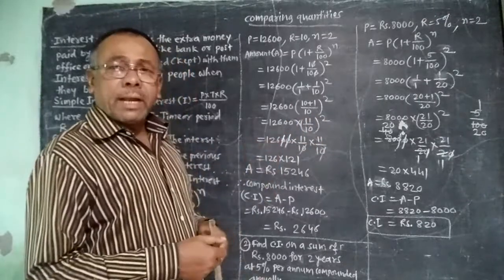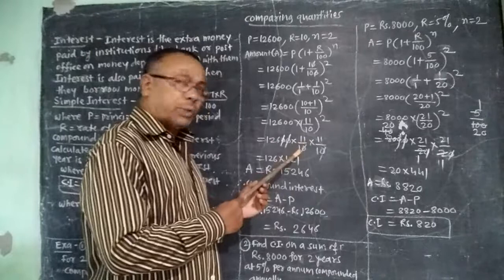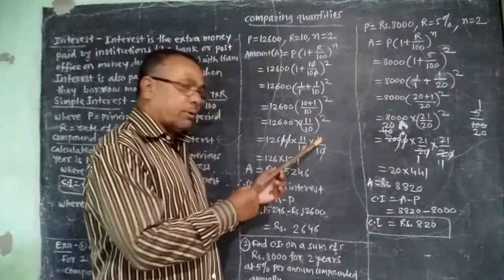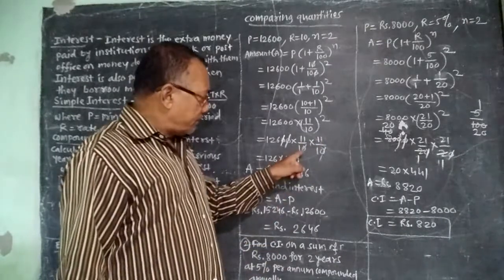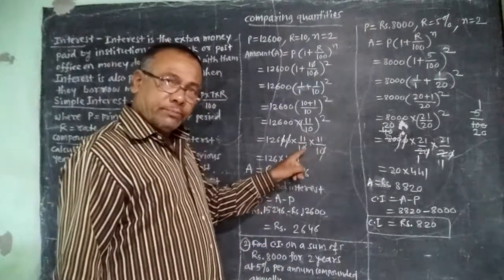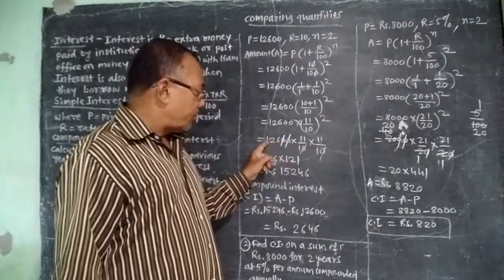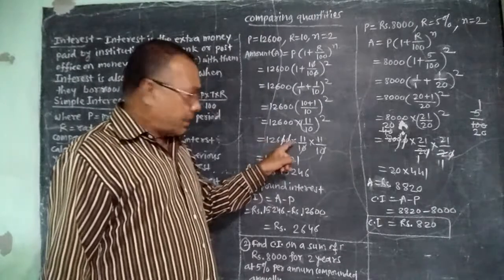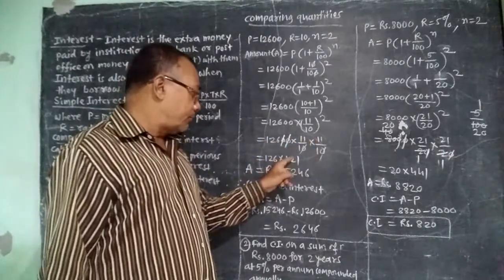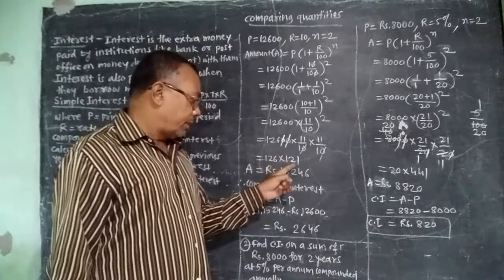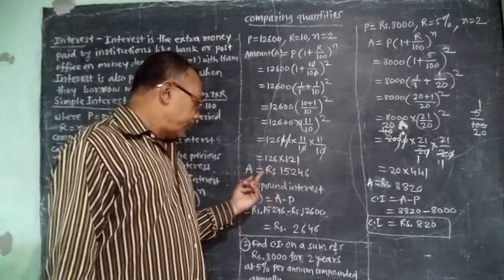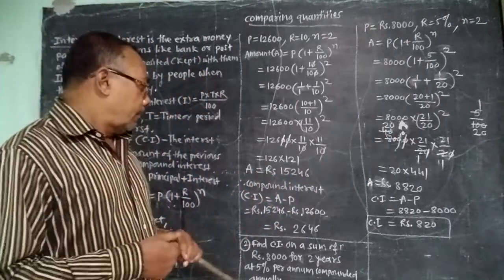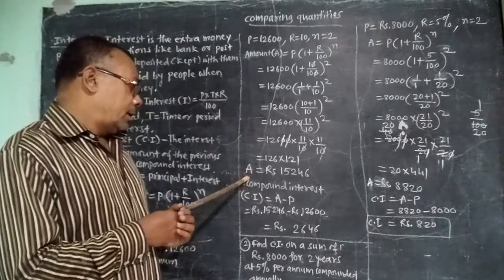Here (11 upon 10) squared means we have to write 11 upon 10 two times. So 12,600 into 11 upon 10 into 11 upon 10, cancelling the unit place 0 of both the tens and the 2 zeros of 12,600, we will get 126 into 11 into 11 means 121. So 126 into 121, we will get amount is equal to rupees 15,246.